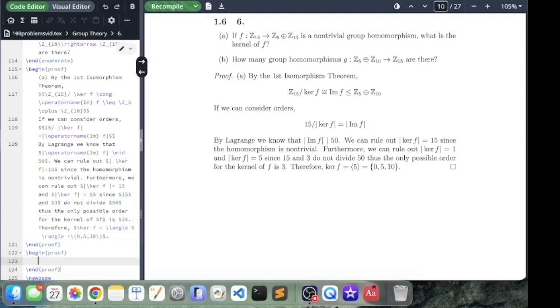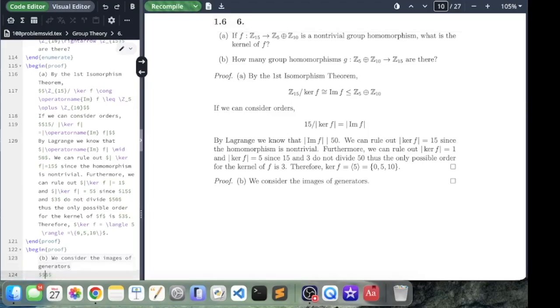Begin proof. It says, how many group homomorphisms g, it's just the map but the other way, are there? Okay, for counting group homomorphisms, we just have to consider the images of generators.